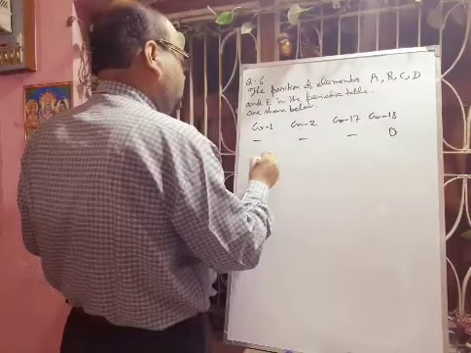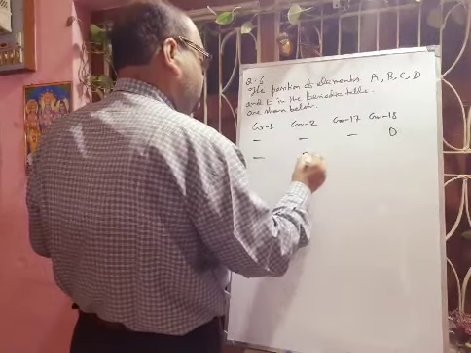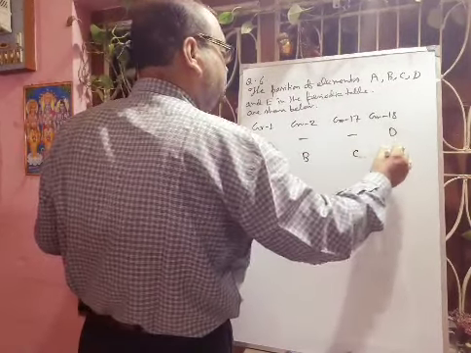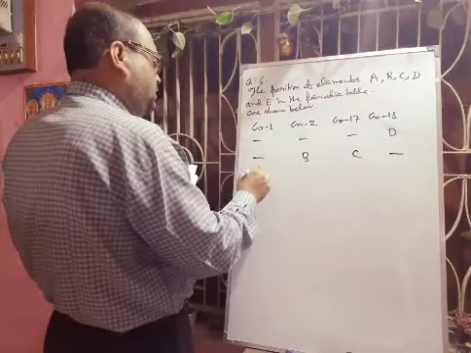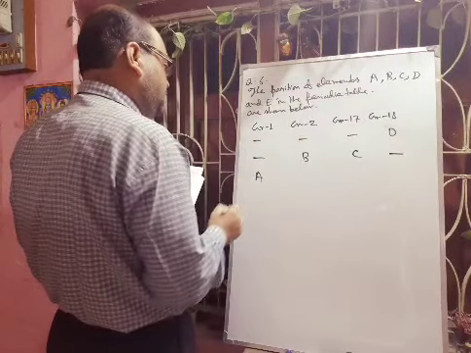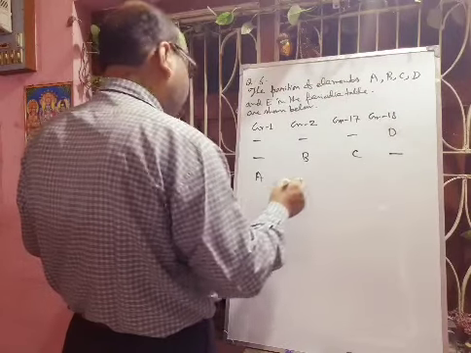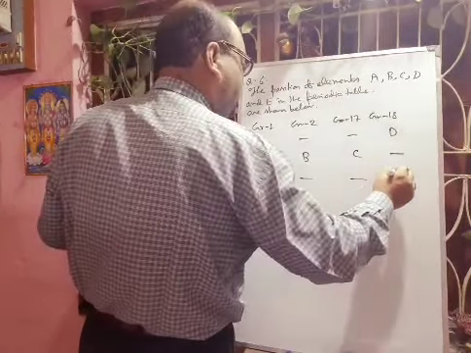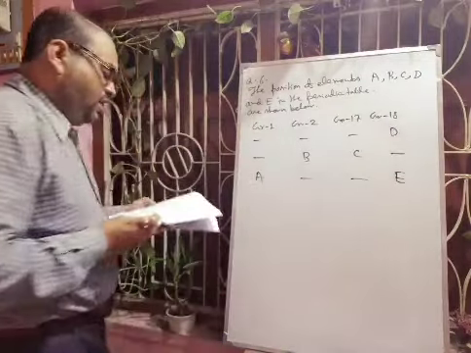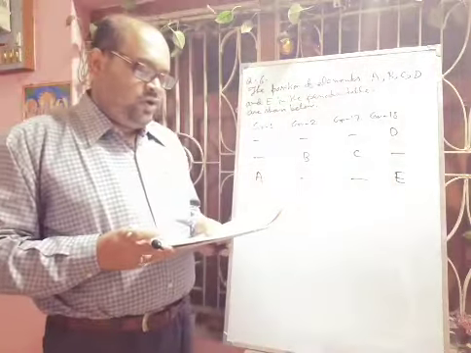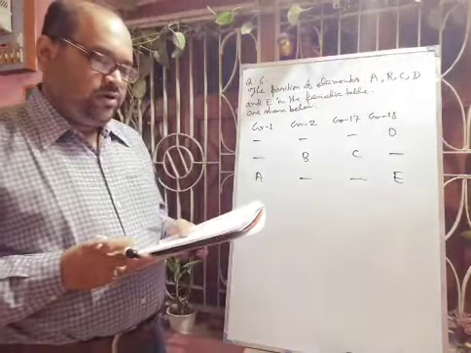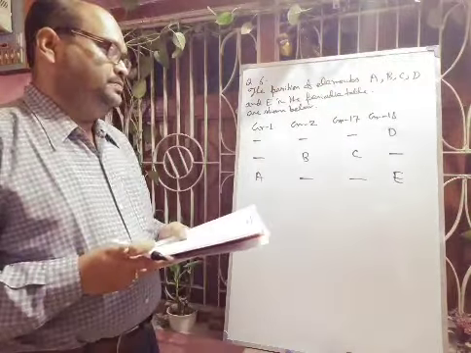Next period, here B is there, and next C is there, this is vacant, and then A, period 3. A is there, and these are vacant, and here E is there. Now we are asking questions. State which are metal, non-metal and noble gas in this table.